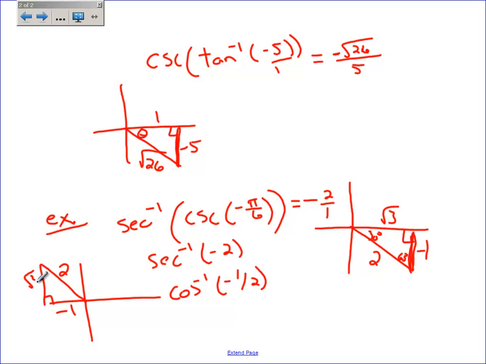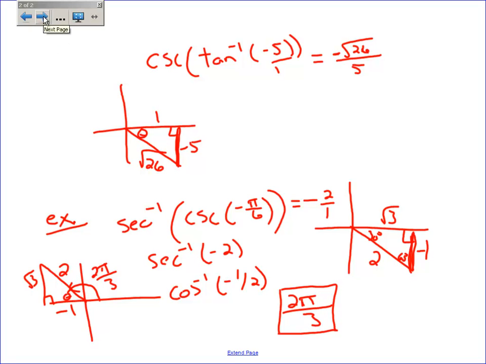Of course, that's a square root of 3 opposite, so this reference angle is 60 degrees, or a π/3 reference angle. So my answer is 2π/3. How's that look? See, I don't know, my pie's pretty fat there, but anyway.